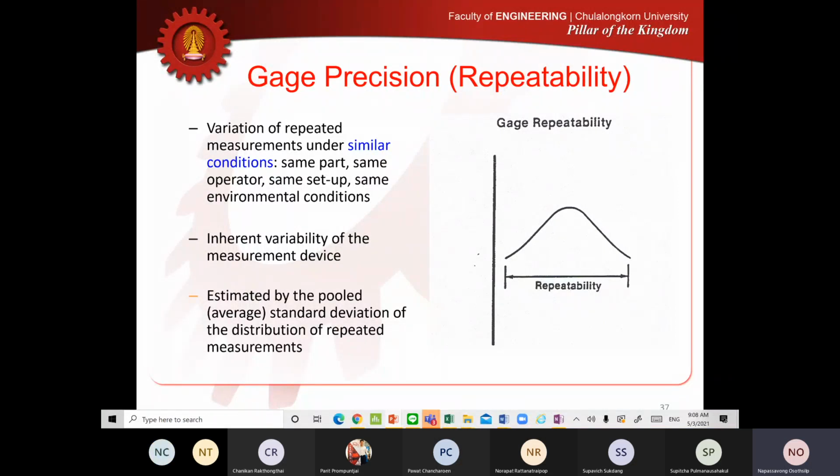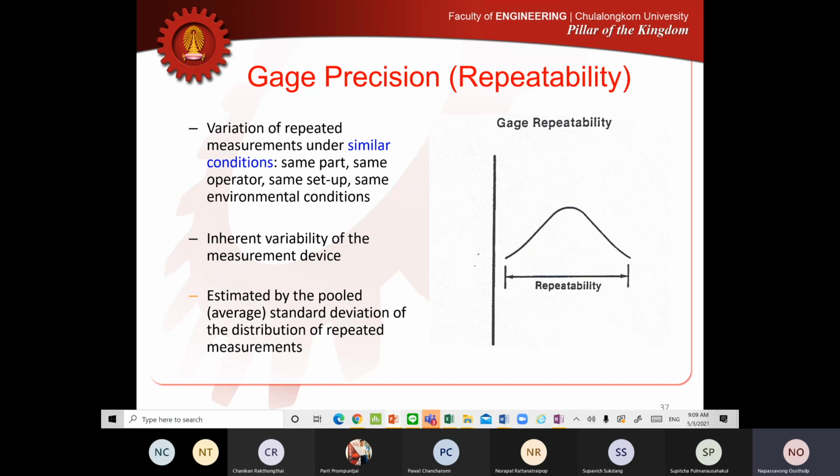If you take a look at the definition of repeatability, the first bullet says it means the variation of repeated measurements under similar conditions. Similar conditions here mean the same part, the same operator, the same setup, and the same environmental conditions, measured several times.